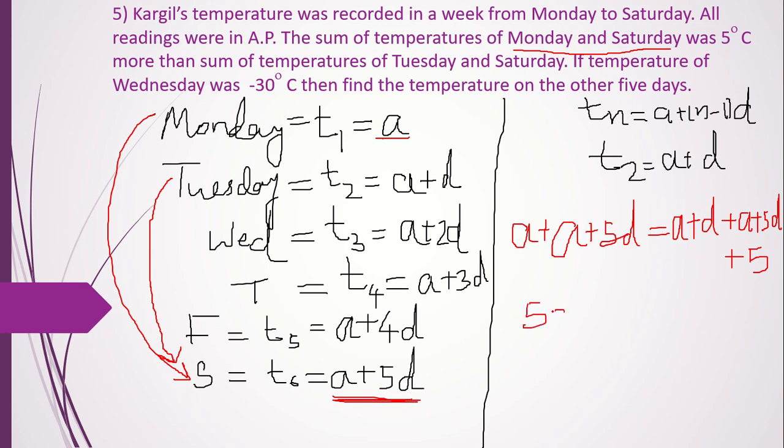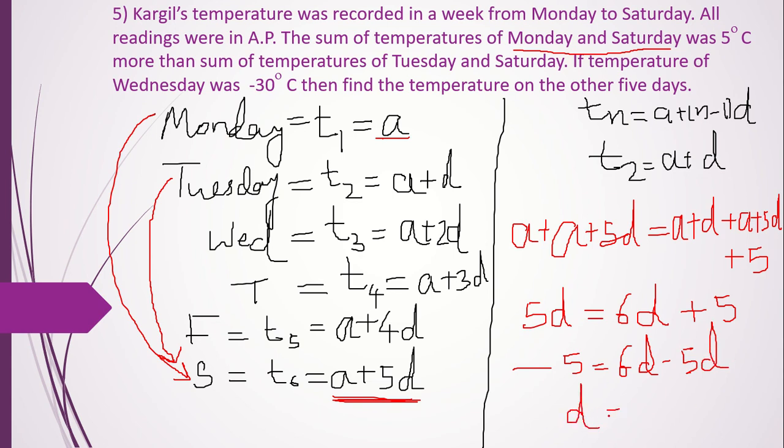So we have 5d is equal to 6d plus 5. I can bring this 5 this side, it will become minus 5, and I can bring this 5d this side, so that will become 6d minus 5d. 6d minus 5d is d. So I got the common difference d to be minus 5.